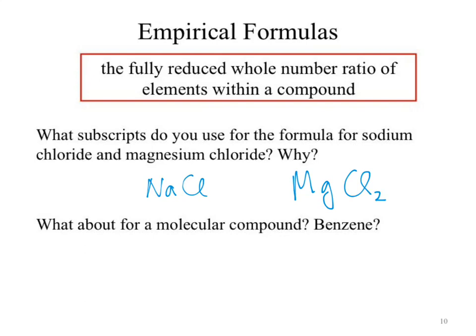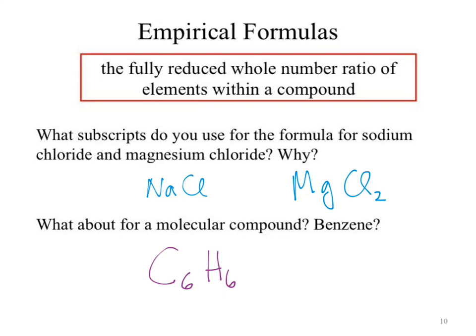What happens if we move to a molecular compound? Okay, so this is where it gets a little bit different and interesting. For ionic compounds, we always take it down to that reduced ratio. Okay, nearly always. But what happens when we move to a molecular compound? Anybody know the formula for benzene? Just a long shot. C6H6.